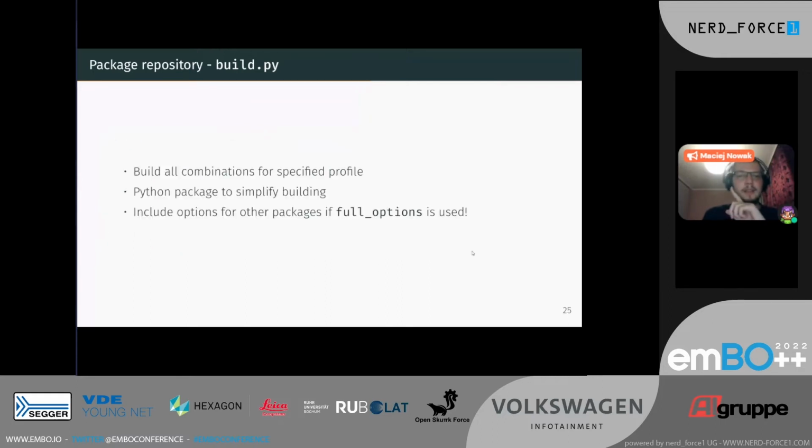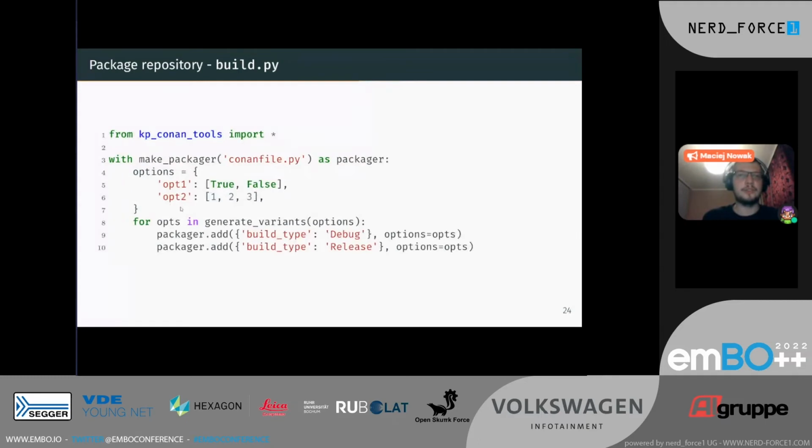An important thing to note here is that if you are using full options in the package ID method, you need to include options for your dependencies in this dictionary, so you'll get proper binaries built.